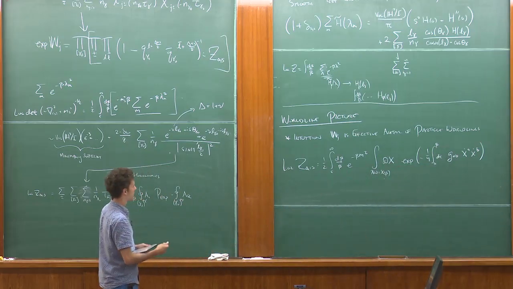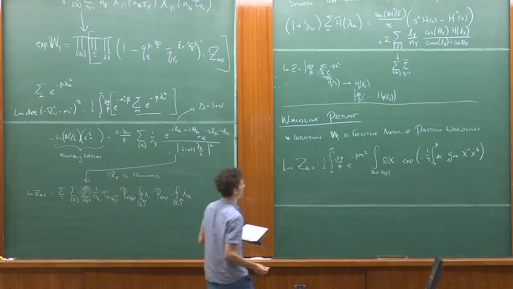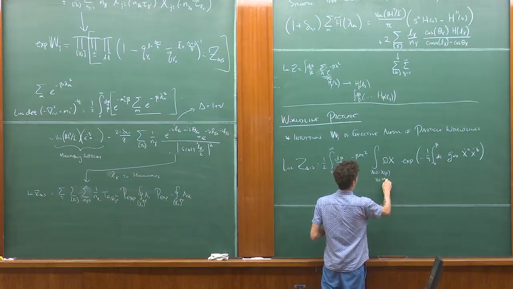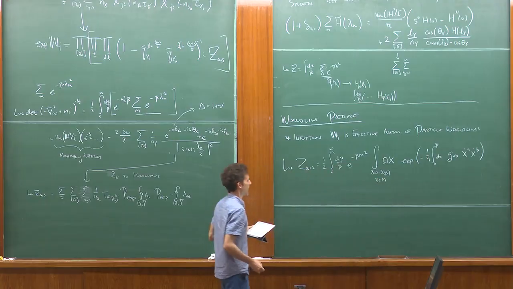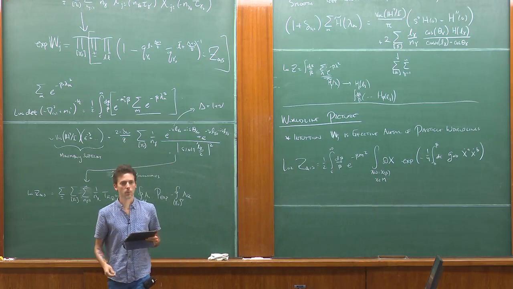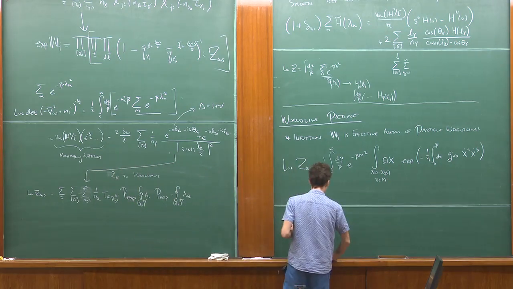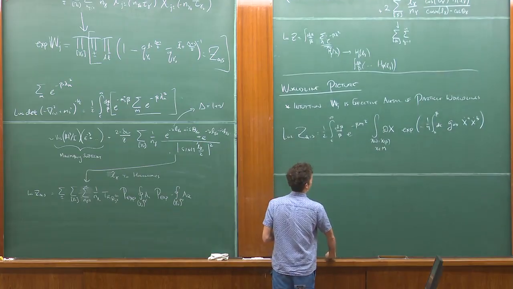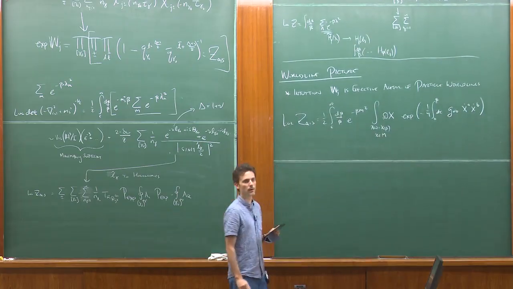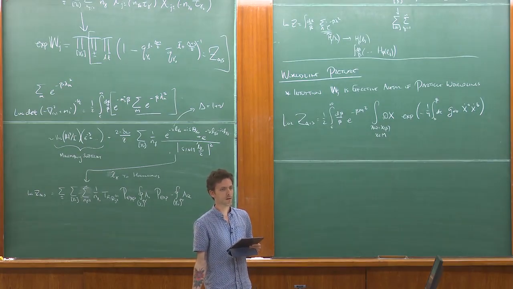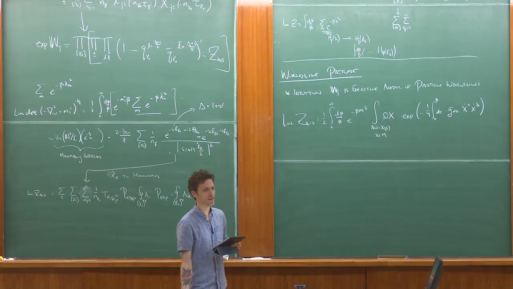The first thing we're going to do: these are paths taking place on our manifold M, and we're going to uplift this to hyperbolic space. In going from Tr e to the minus beta H to here, one often has to worry about operator ordering ambiguities, and those give some counterterms.